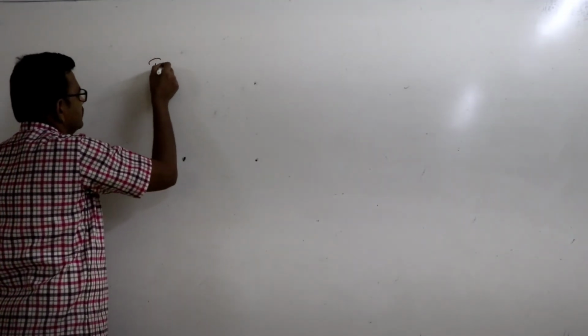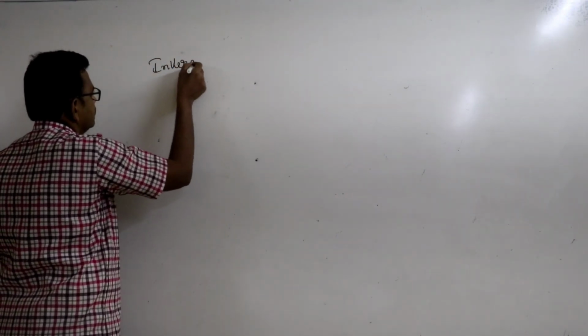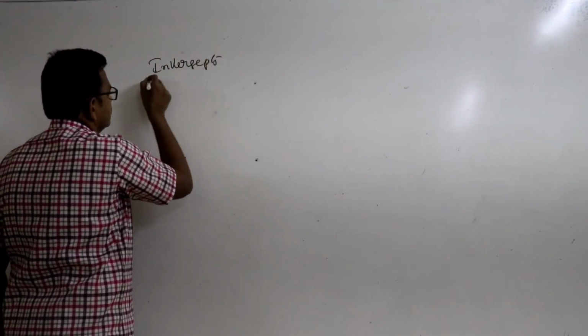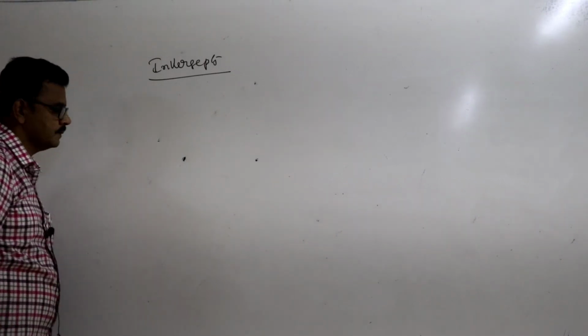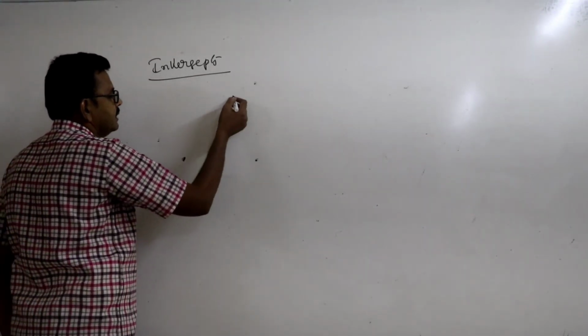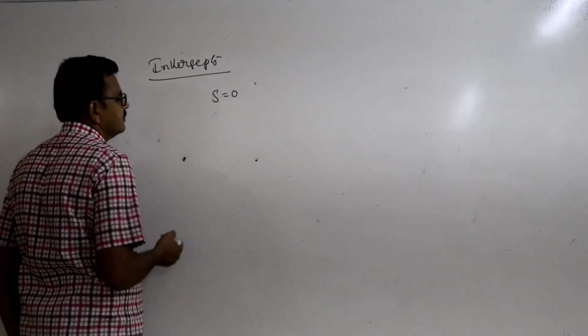Next one, inverse points. Here let S = 0 be a circle.